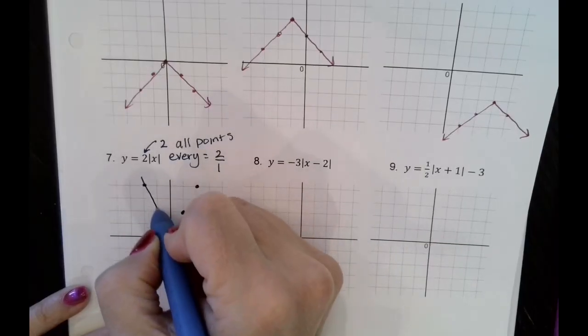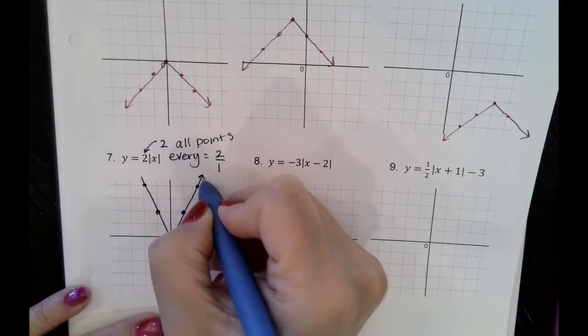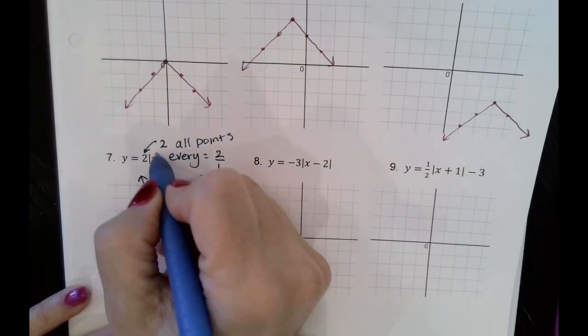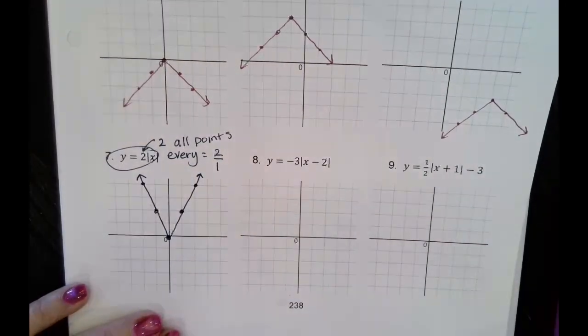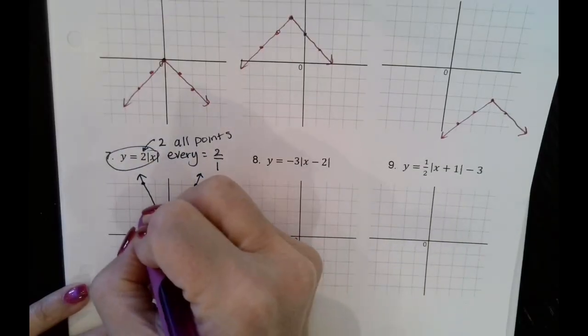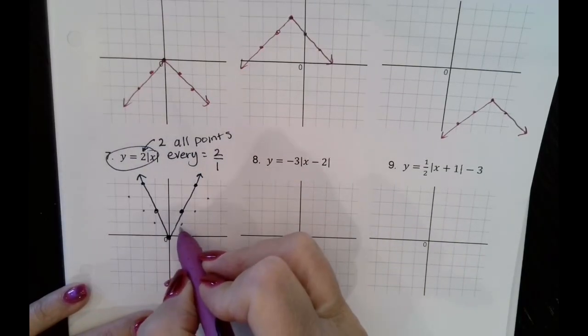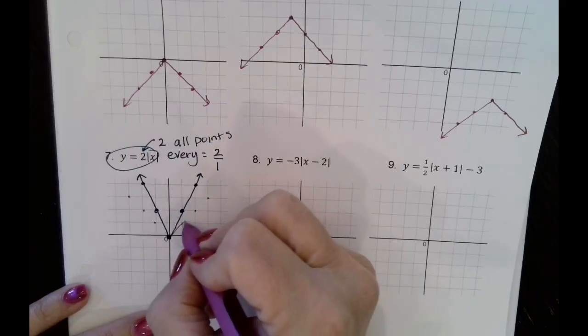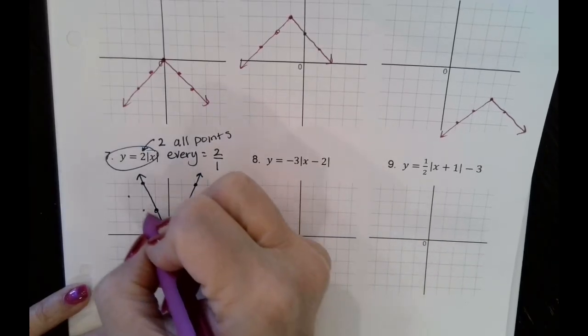Now, what you're going to see on this, so this is my blue, my transformed function. I'm going to do a quick sketch here of my parent function. So my parent function has a slope of 1. So my parent function is this pink one.